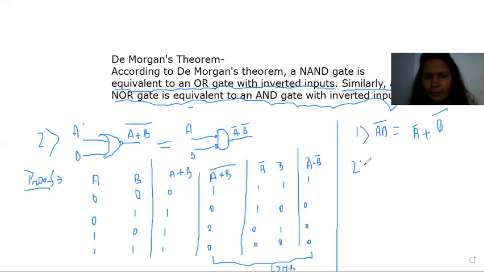Second, A plus B whole bar is equivalent to A bar dot B bar. So you have to remember these 2 points.